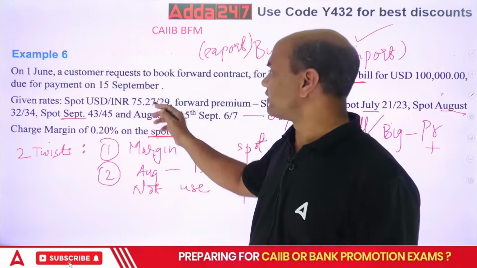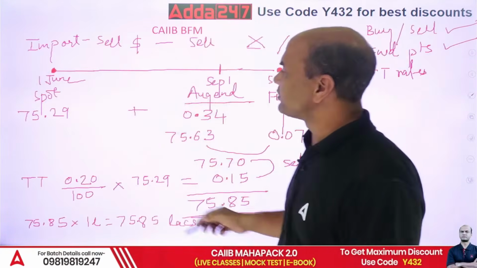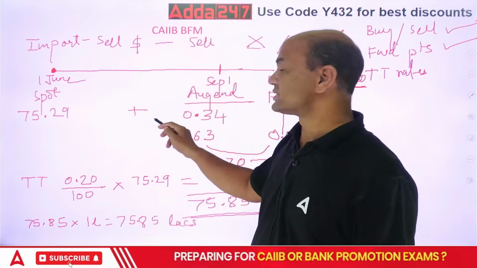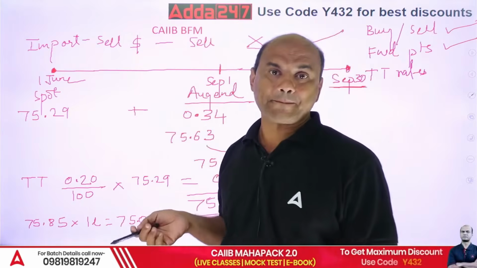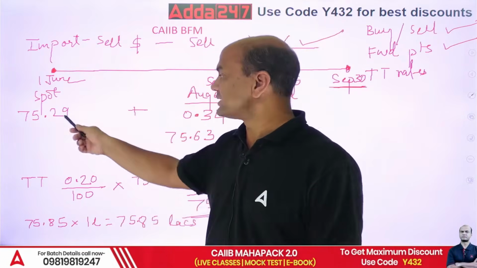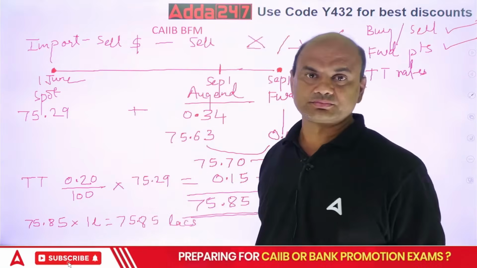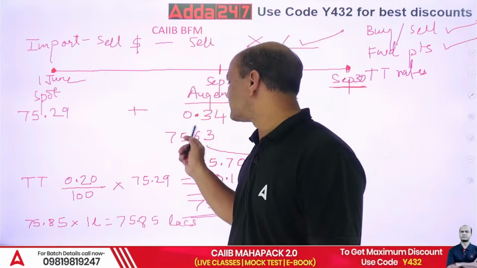So 75.29 plus 0.34. Why plus? Because just now I told you the currency is in premium. Add these two. You must get this answer as 75.63.